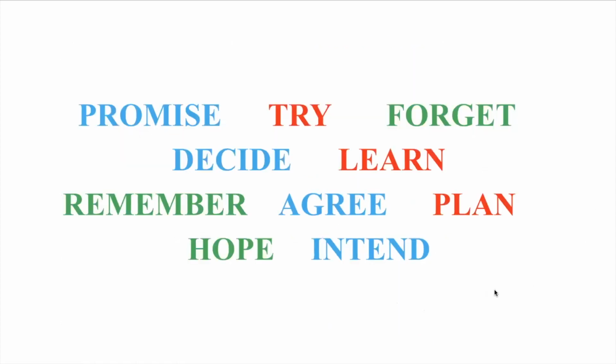These are some of the other verbs, again, having to do with feelings and desires. Promise, try, forget, decide, learn, remember, agree, plan, hope, intend. These verbs would all take an infinitive.